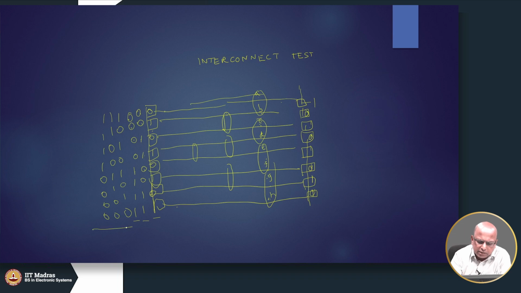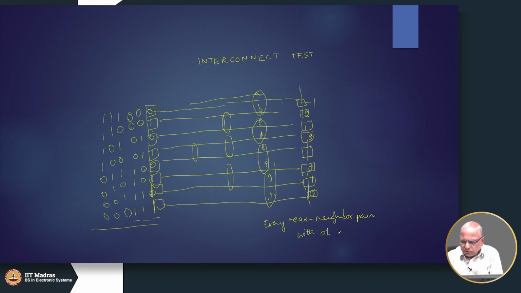So, this will be even better if I am willing to put all these patterns and test the wires. Then I have tested every near neighbor pair, with both 0, 1 and 1, 0.